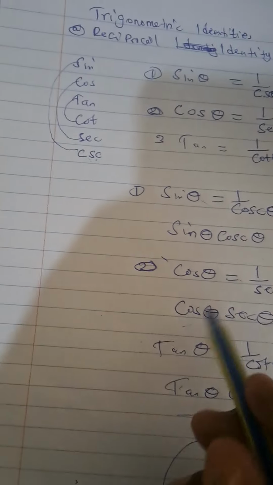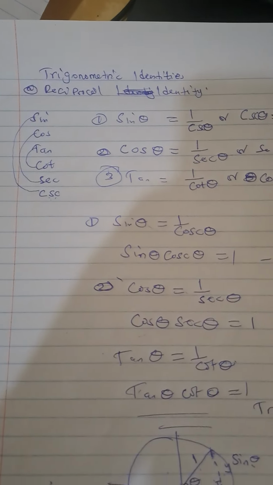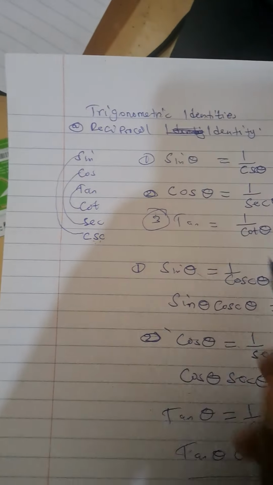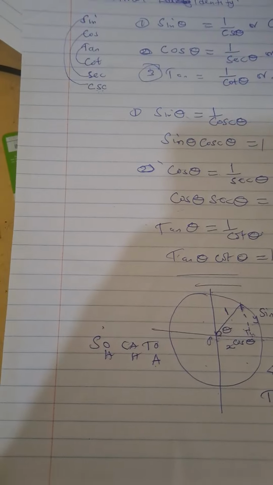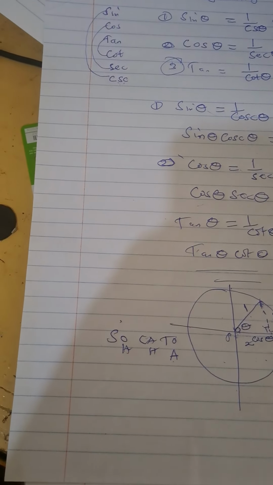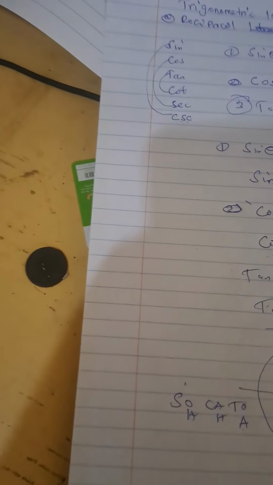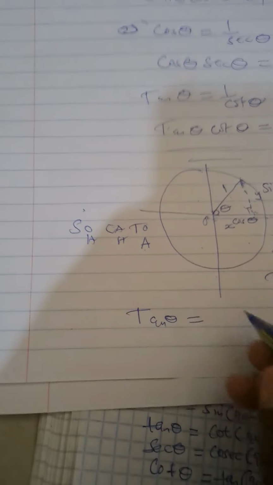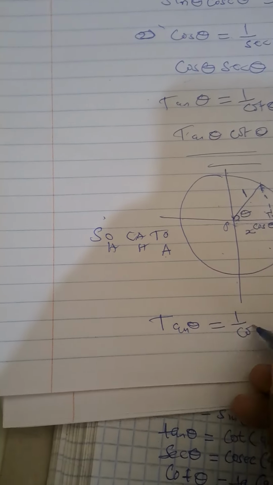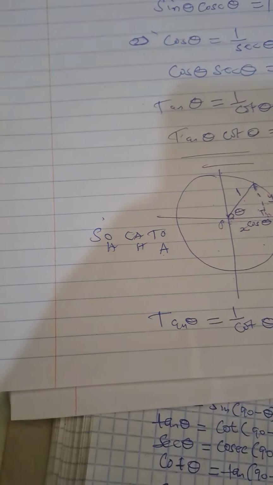Our identity number 3, which was that, which says that tan theta is equivalent to 1 over cot theta.